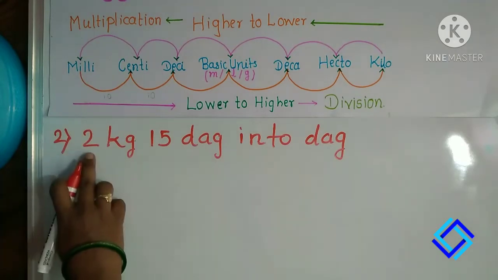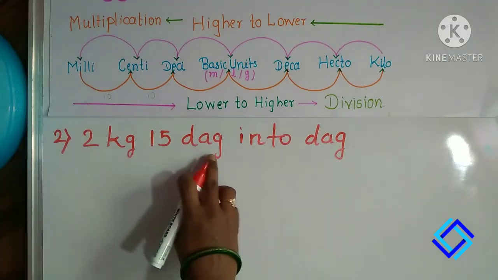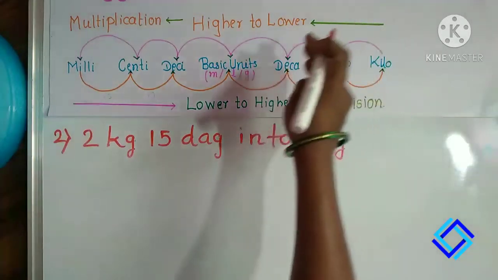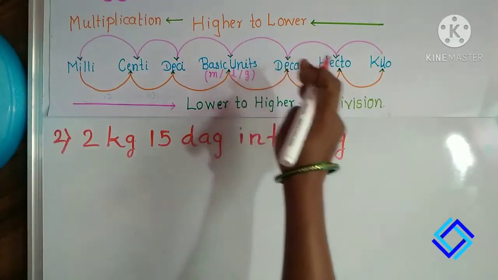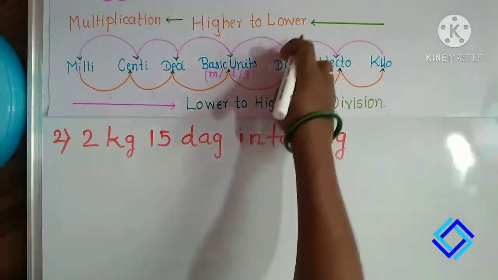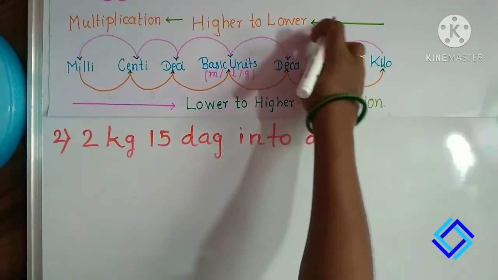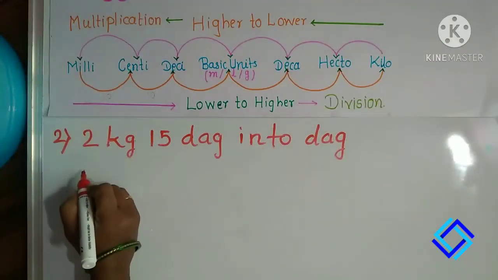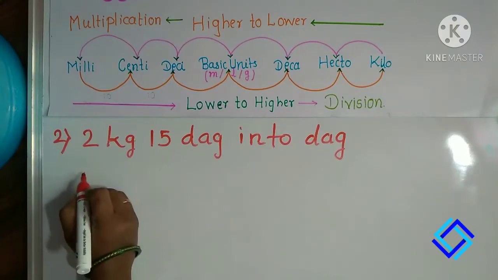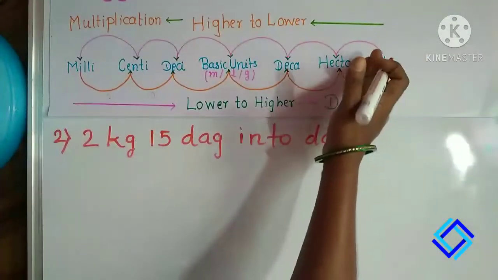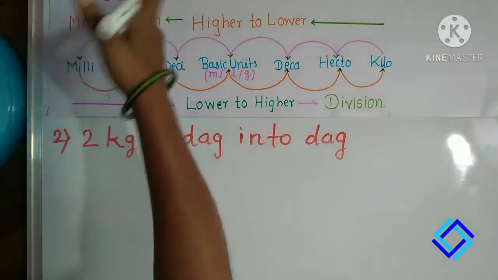Next example, 2 kg 15 decagram into decagram. We have to convert from kilo to decagram. Kilogram to decagram, there are 2 steps. Kilo to hecto 1 and hecto to deca 2. So we have to multiply by 100 because we convert from higher unit to lower unit, and when we convert from higher unit to lower unit, we have to multiply.